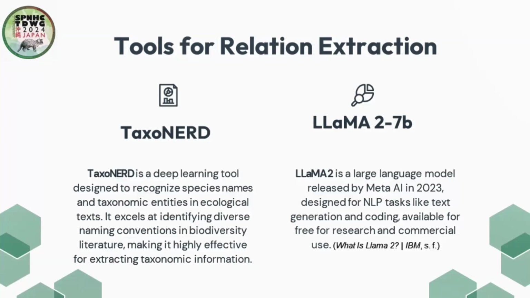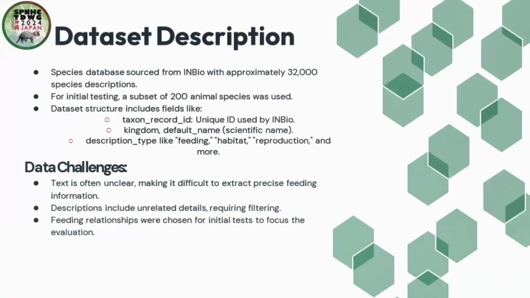Llama 2 7B is a large language model from Meta AI. It helps us extract complex relationships between the entities identified by TaxonNERD, such as feeding interaction. Our dataset is sourced from the National Biodiversity Institute database, which contains around 32,000 species descriptions.